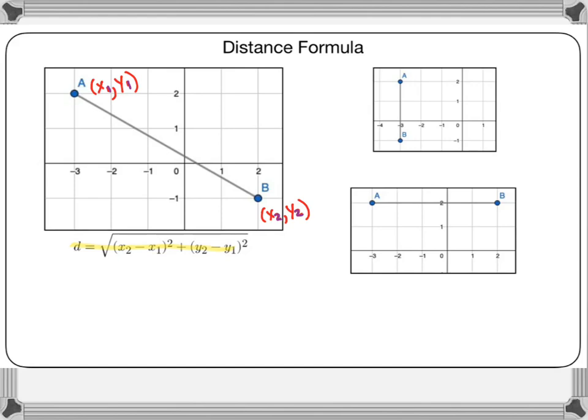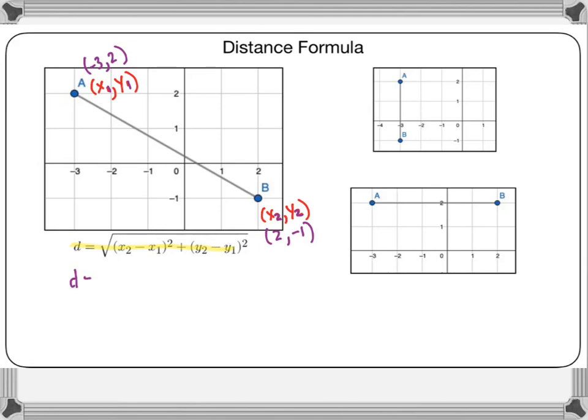So what we're going to do is get these points here. A is going to be (-3, 2), and this is going to be (2, -1). We're going to throw it into the distance formula and see what shakes loose.